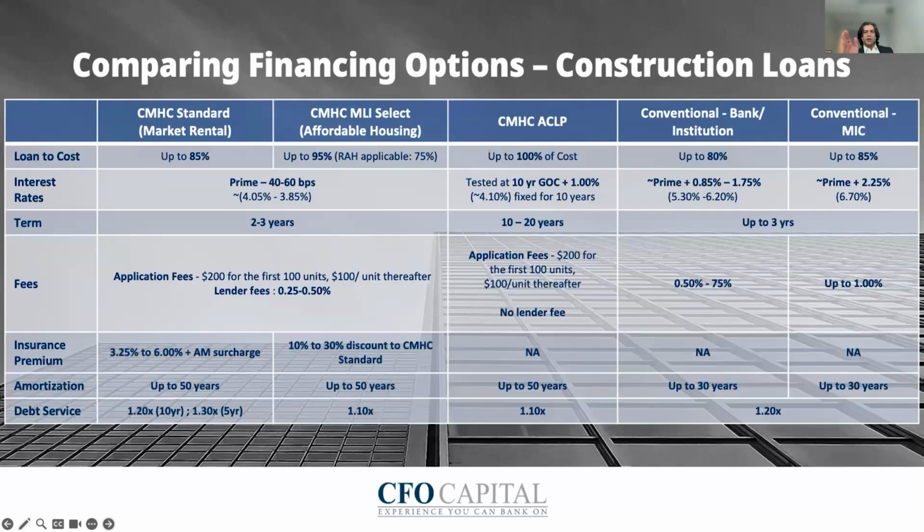So here we are comparing, it's just a snapshot, not very detailed, of what loan to cost. And these are headlines, not specifics. What interest rates are being offered right now, the terms, the fees that accrue to each of these, what premium you're paying, what amortization you can get, and what DSC you'll be tested at. This is for construction.